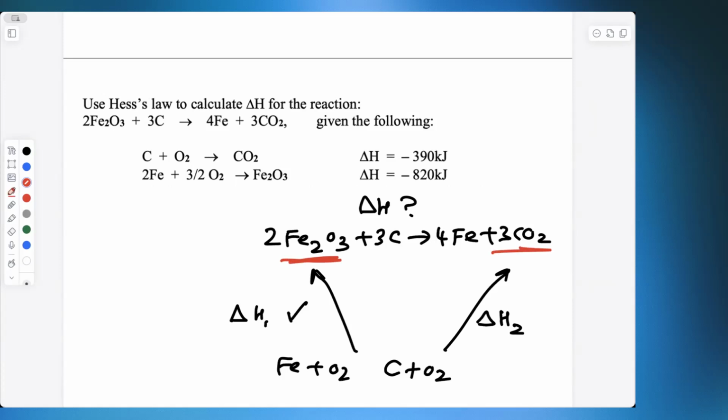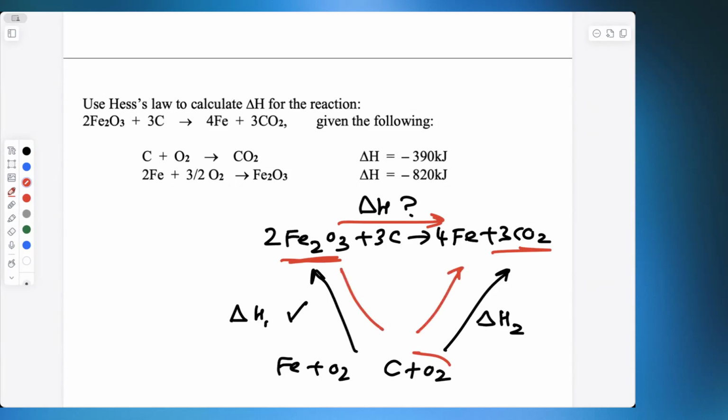The delta H is independent of the path as long as you start with the same thing and end with the same thing. Simply, it's saying that if you want to find delta H for this one, it's equal to this delta H plus this delta H.